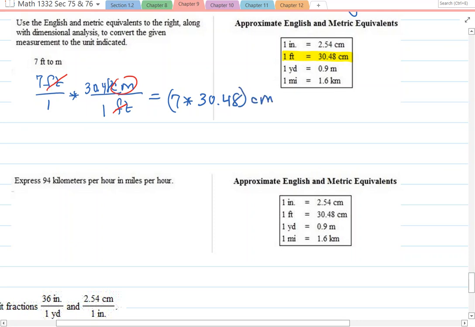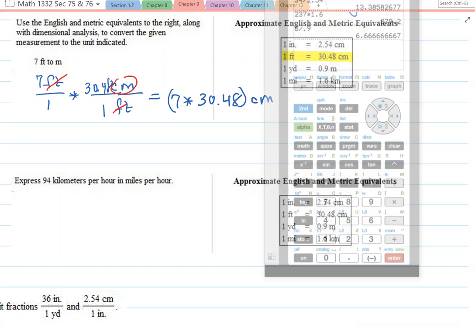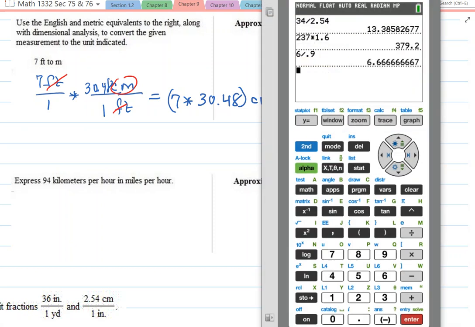All right, so let's do that math first. And that gave us 213 and 36 hundredths.